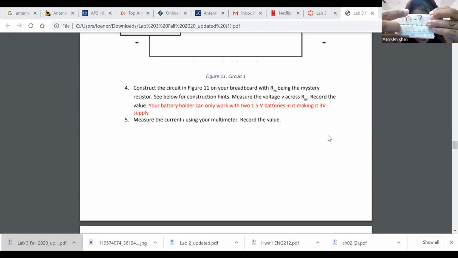Connecting my ammeter here will make one circuit. A DMM used for measuring current is called an ammeter, that's why I'm saying ammeter. If I put my DMM between these two, connecting my leads here, then my circuit will be complete.